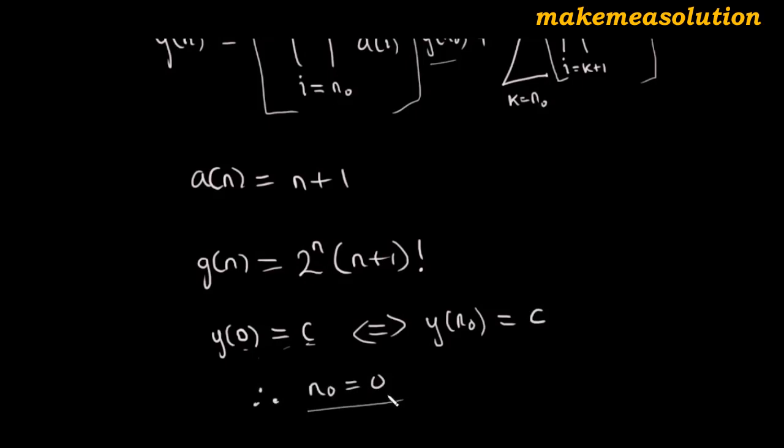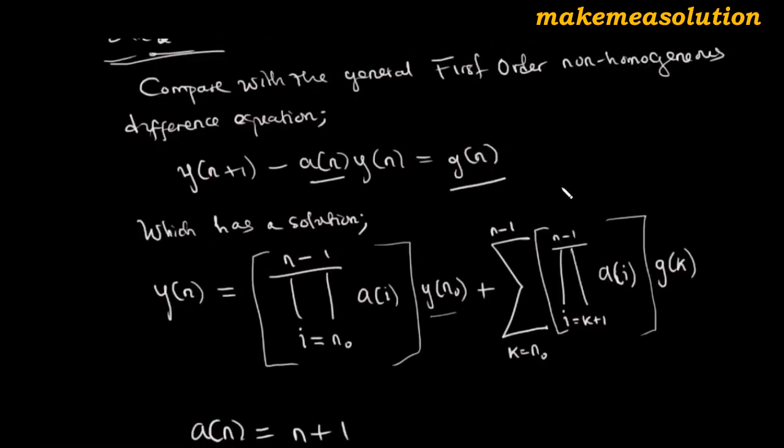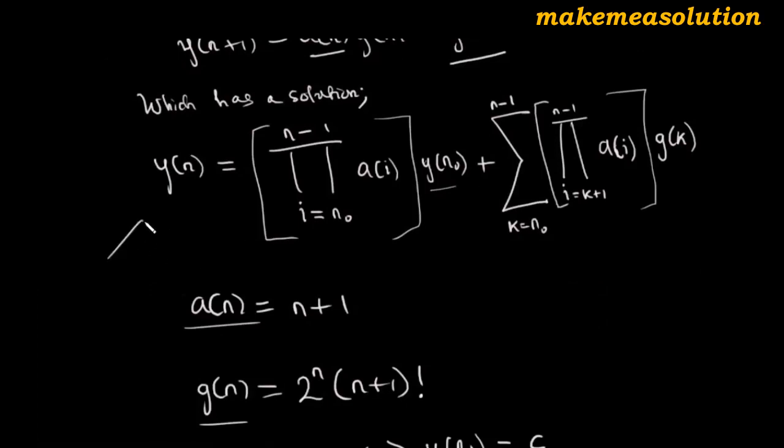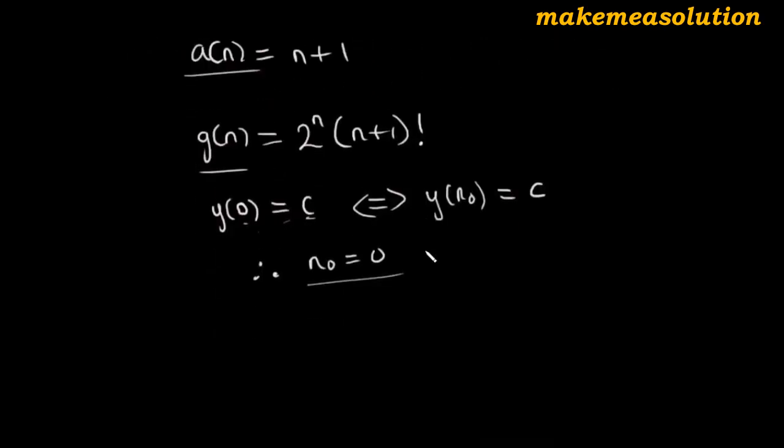So if you have these three parameters, you can substitute them into this equation to find the value of y of n, because y of n is the solution to this difference equation that we are looking for. We are going to take it step by step.